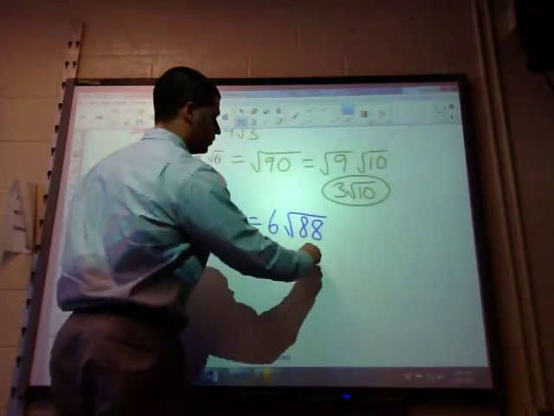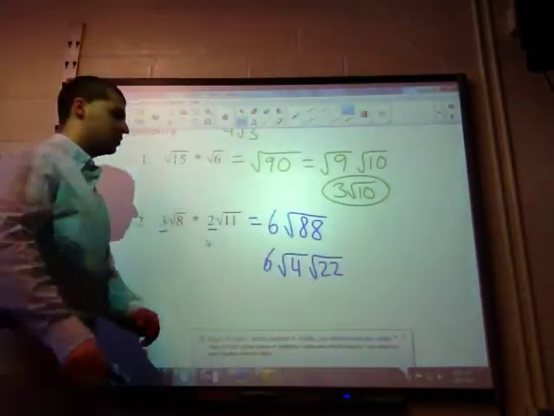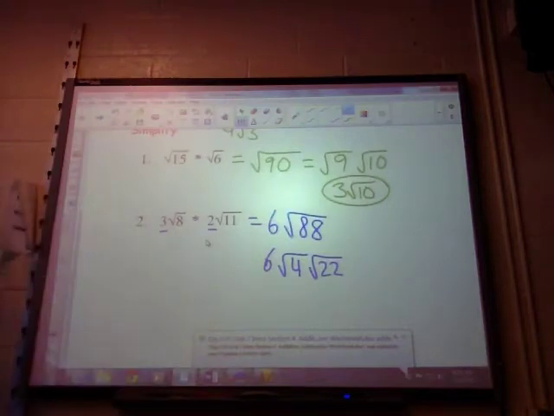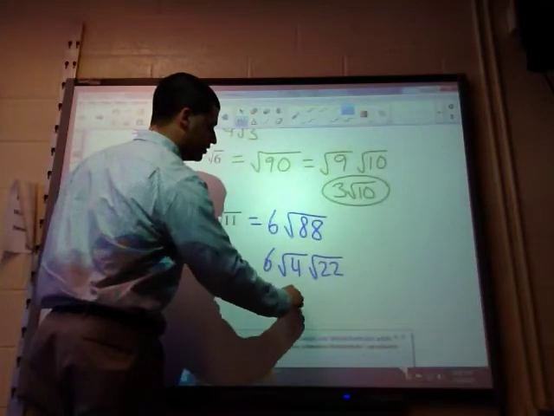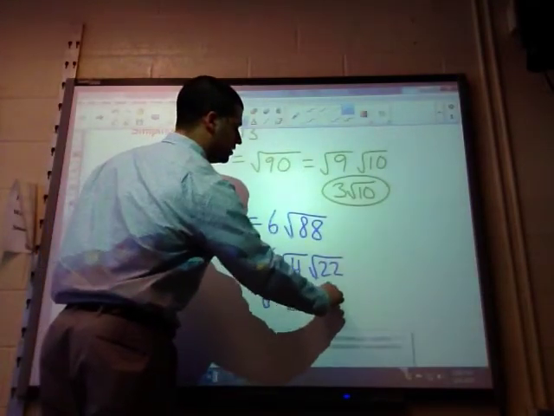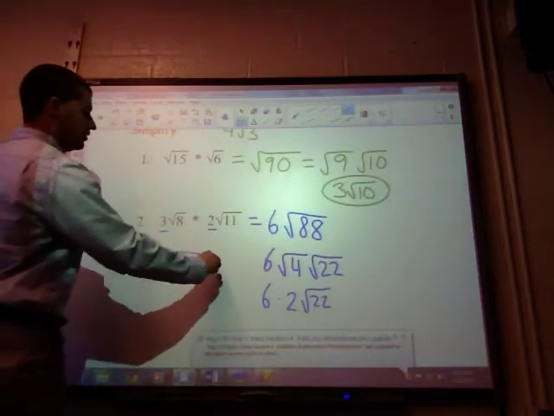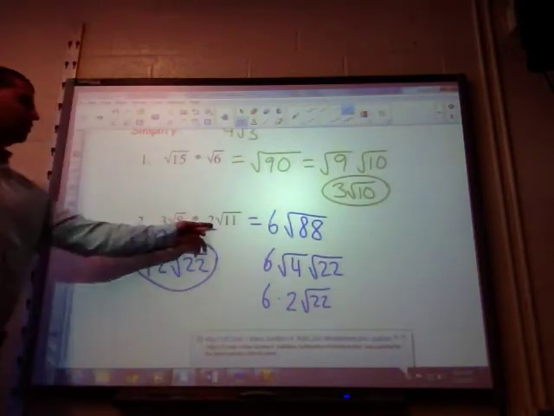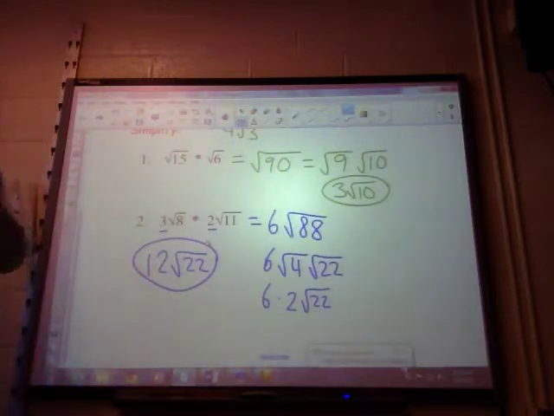And that happens to be 4. And we're left over with the radical 22. There are no other perfect squares that go into 22, so that's all we can do. Now we have 6 times the square root of 4 is 2. Radical 22. Combine your numbers and you get 12 radical 22. So treat the numbers like numbers, treat what's under the radicals like radicals. Combine them and then simplify.